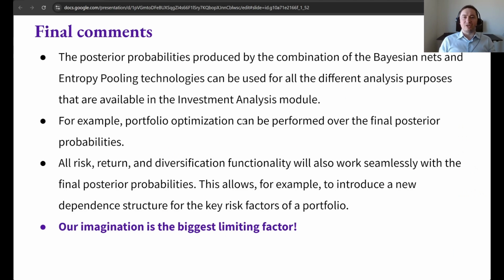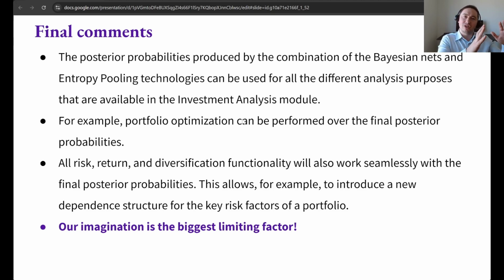So these are the final comments that I have here: these posterior probabilities that come out from this causal and predictive market views and stress testing framework, we can use in all parts of the investment analysis module. So basically optimization, risk decomposition, all of these things, and plotting.